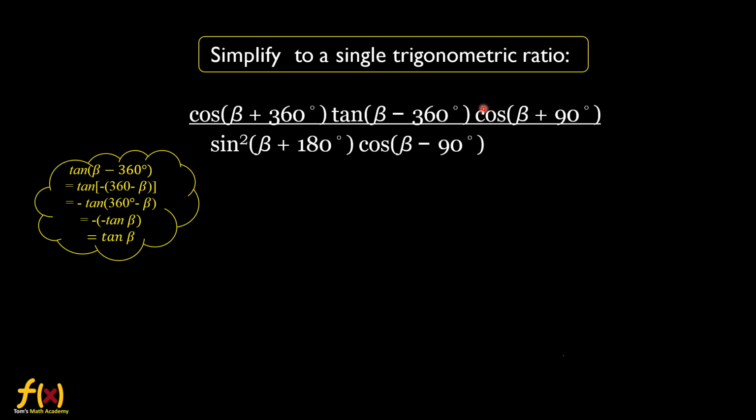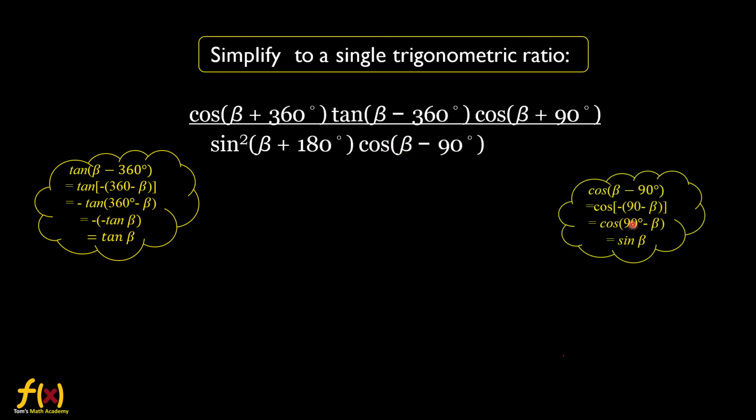At the same time, because of this 90, when you see 90, cos becomes sin. Okay, that is what we want to know. Here again, the minus idea, beta minus 90. We will keep a minus sign. Then cos minus theta is cos theta. So it is the same thing, but 90 makes cos become sin.